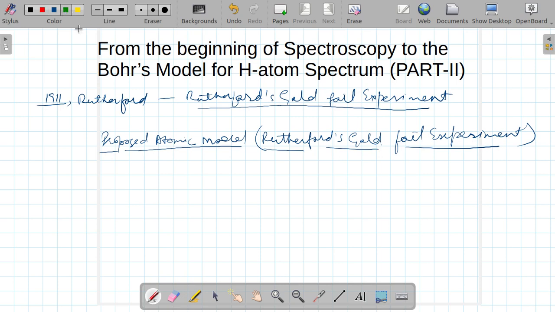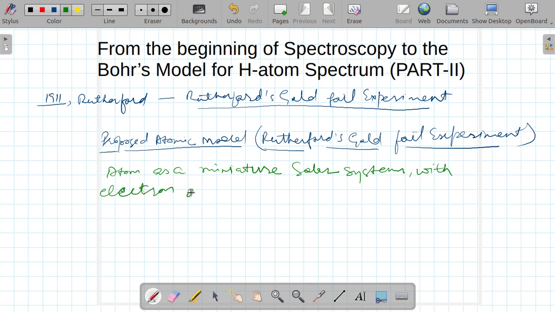So what Rutherford proposed is that the atom is a miniature solar system, with electrons orbiting around the nucleus.